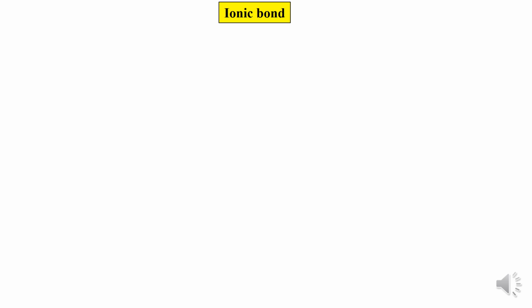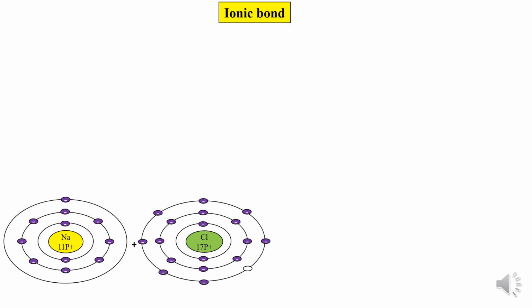It is the strong electrostatic force of attraction between these oppositely charged ions that gives the strength to the ionic compound, or strength to the ionic bond. So the stronger the electrostatic force of attraction, the stronger will be the bond. Let me explain the concept of ionic bonding with respect to sodium and chlorine atom.